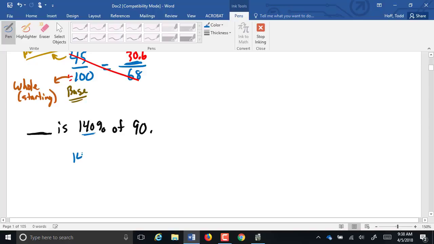That would be 140 over 100. On the other side, we have a missing number and we have the 90. Remember, blank is 140. And you also think of this as out of 90. Well, the out of 90 implies the 90 has to go on bottom. Blank is 140 implies that missing number matches up with the 140. And we can cross multiply and divide. 140 times 90 divided by 100 is 126.